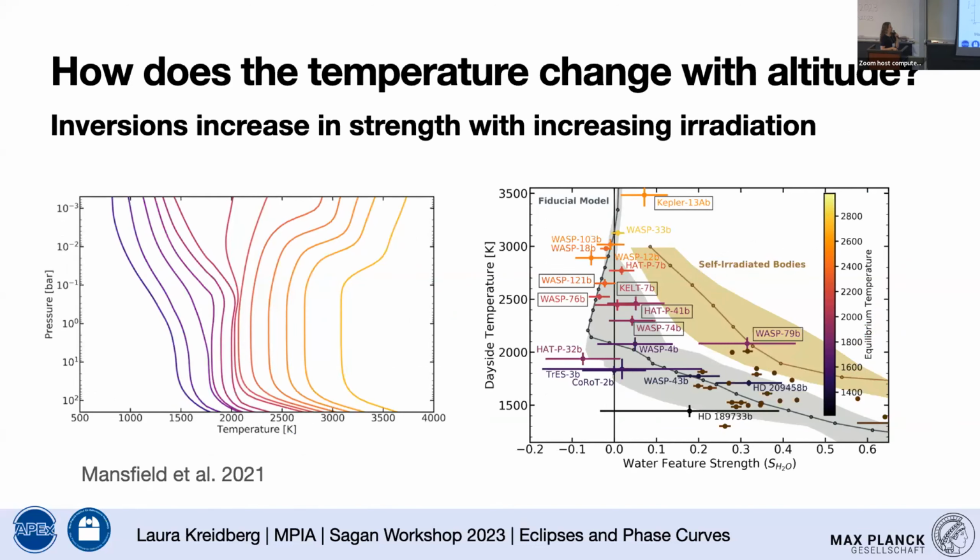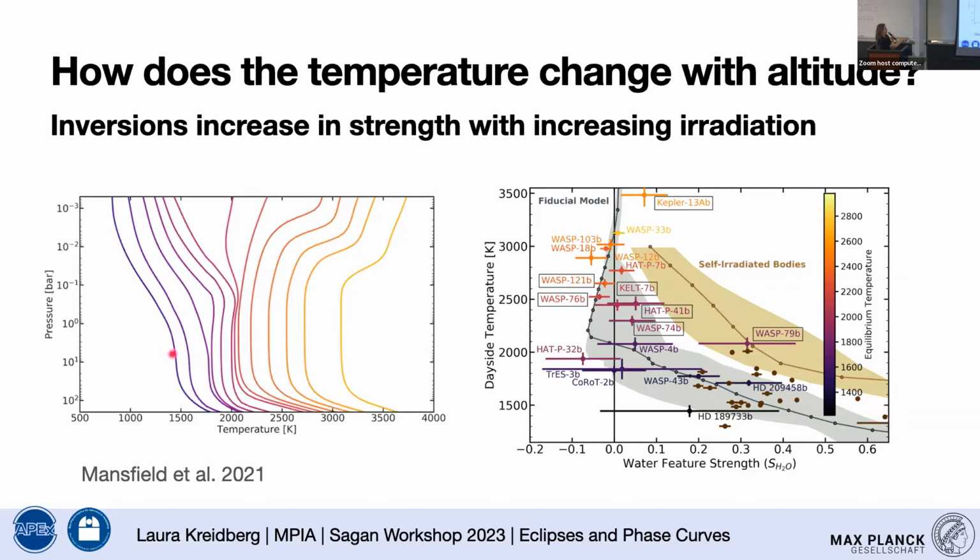So taking a more statistical view on the same question, this is some nice work from Megan Mansfield, where she looked at all of the thermal emission spectra measured by Hubble for hot Jupiters to look for trends. And the prediction from 1D self-consistent theoretical models is that the hotter the planet is, the stronger the temperature inversion becomes.